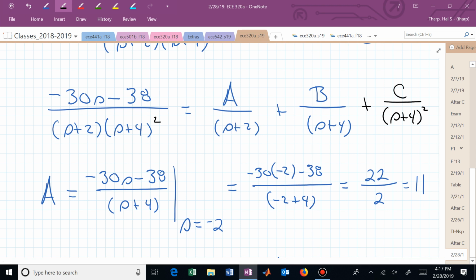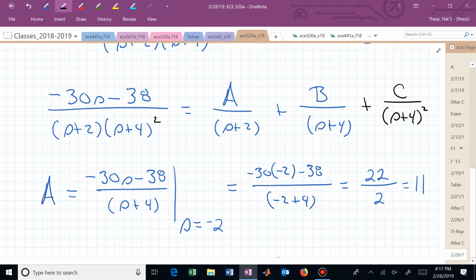Now what you would need to do is you would actually end up with a problem when you tried to find B. You could find C by multiplying every term by (s plus 4) squared, and then you could solve for C by evaluating what's on the left-hand side at s equal to minus 4.